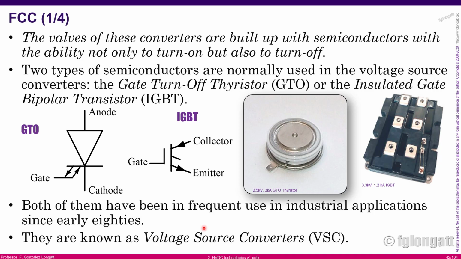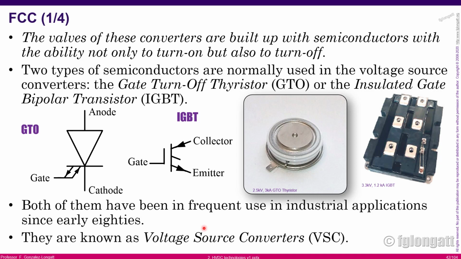They are probably the most modern technology for power converters, and they just came to the market a few years ago. The reason is basically that the GTO and the IGBT, for many years, were very expensive, and the power that they were able to deliver or control was very low.